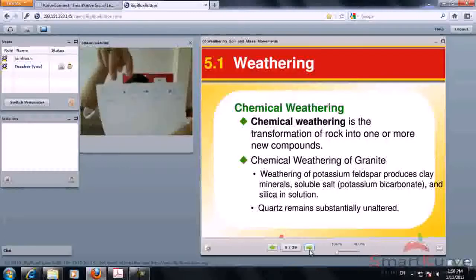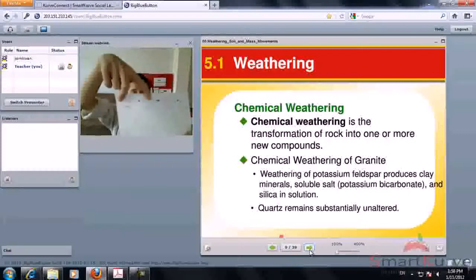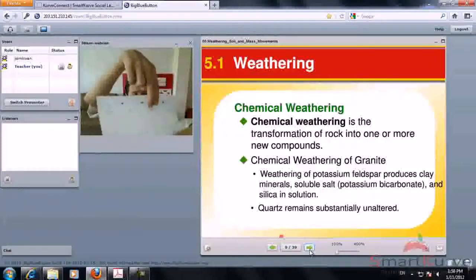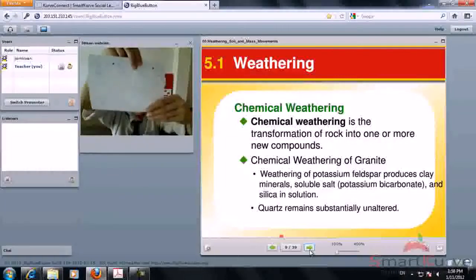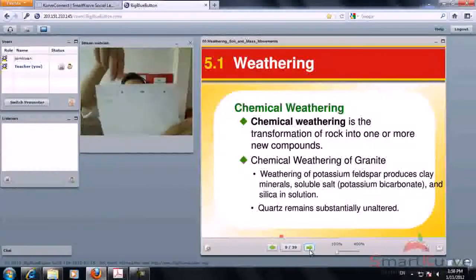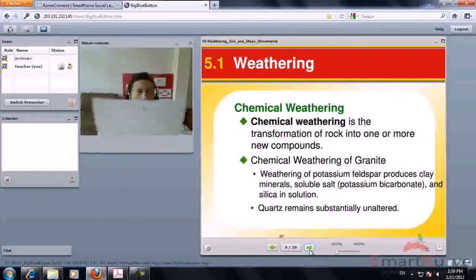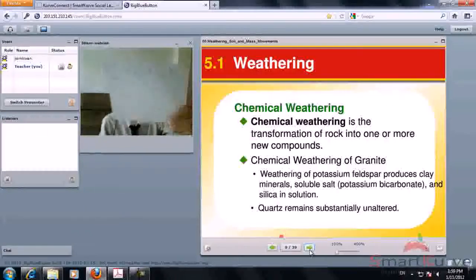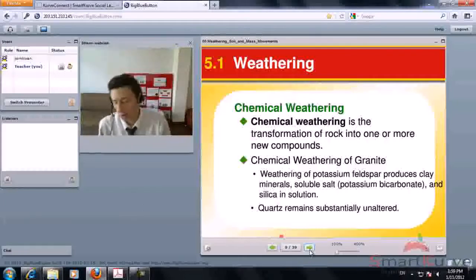So the sodium from sodium hydroxide and the chlorine from hydrochloric acid bond to form salt. They form an ionic bond to form salt. Then the hydroxide and the hydrogen ions bond to form a water molecule. That's an example of a chemical reaction.